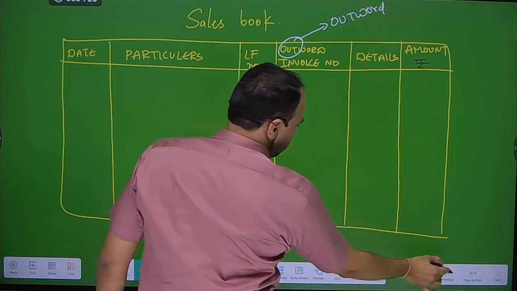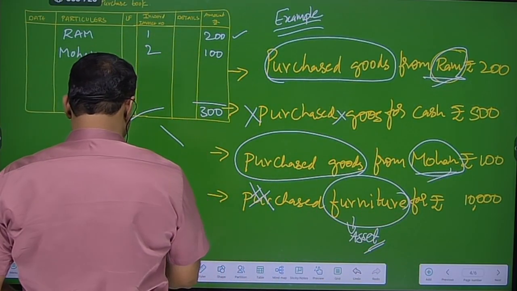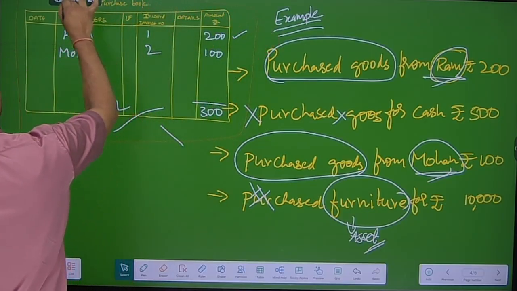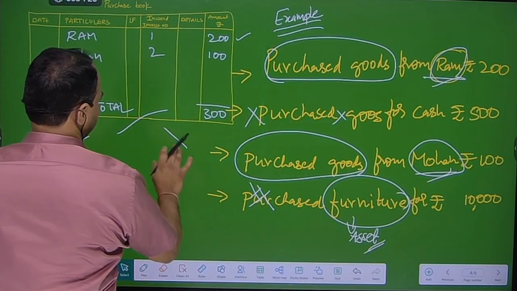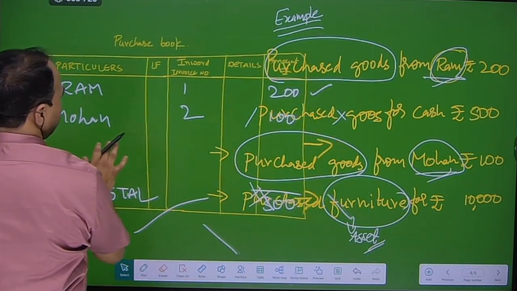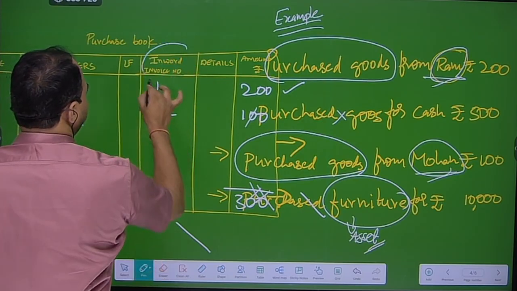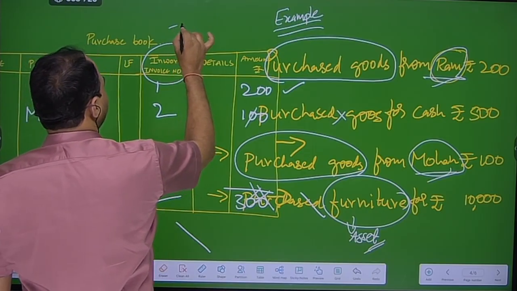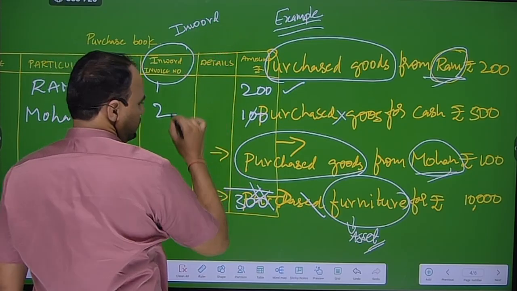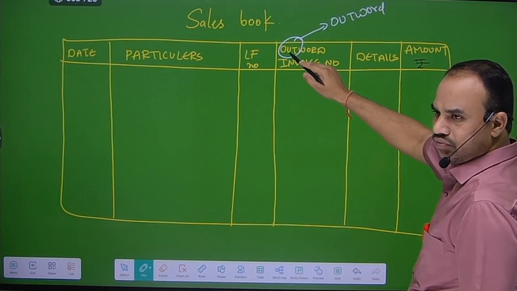But in the purchase book, what do we write here? Inward, inward invoice number. So the only difference is here we write inward and here we write outward. That is the only difference.